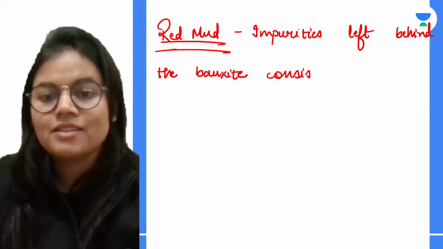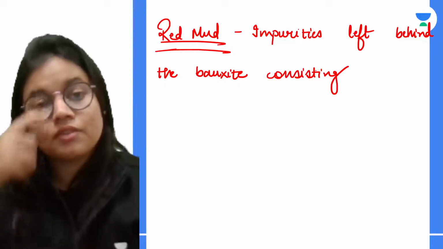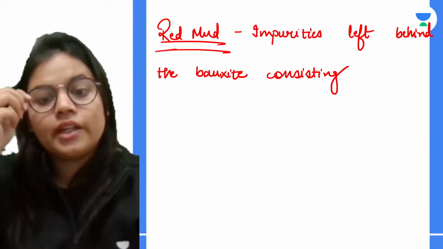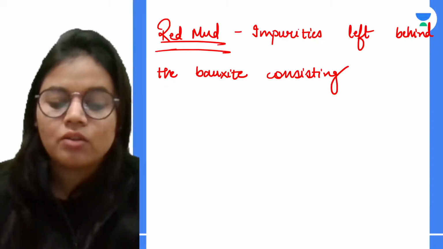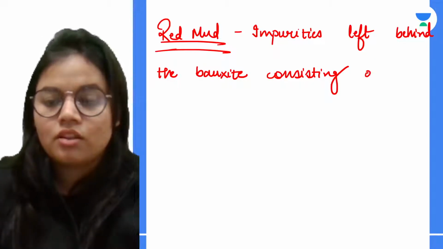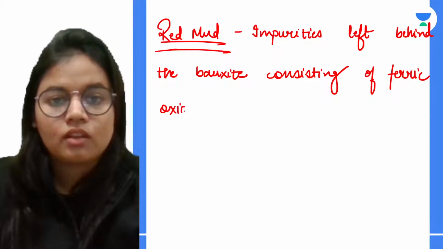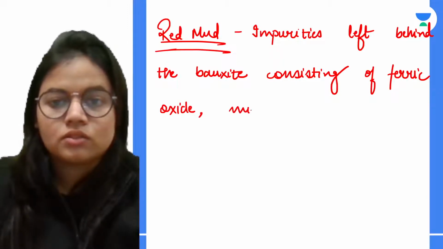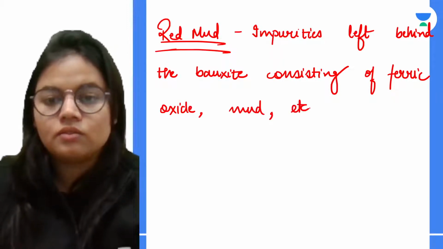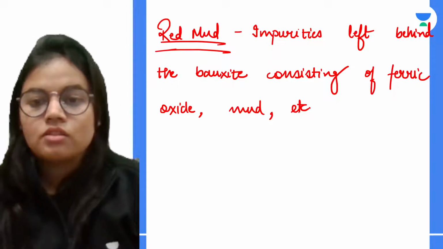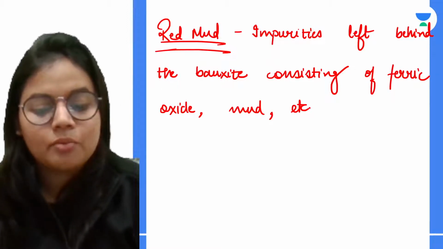Why is it known as red mud? Basically because of its color. The main impurity over here consists of ferric oxide, muds, and etc. Understood.